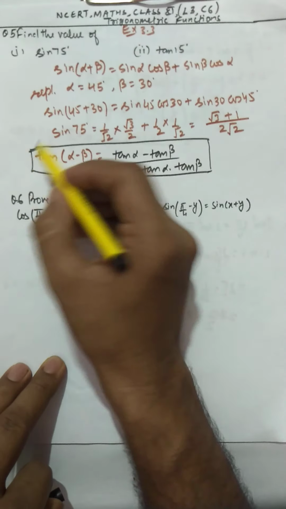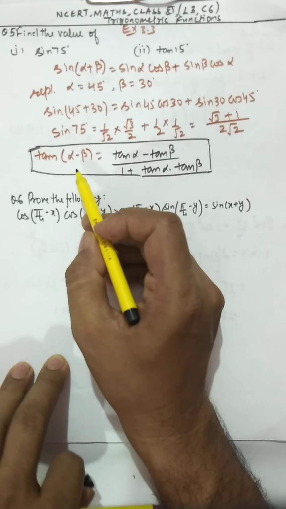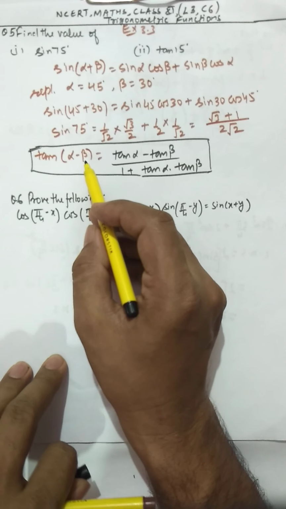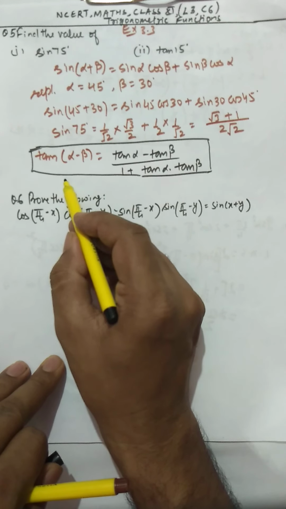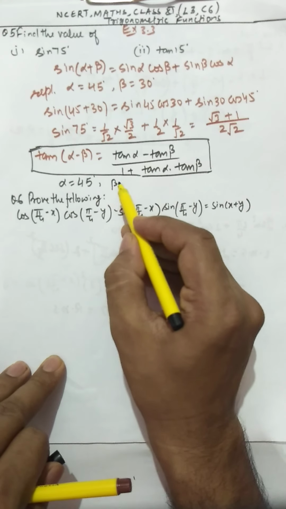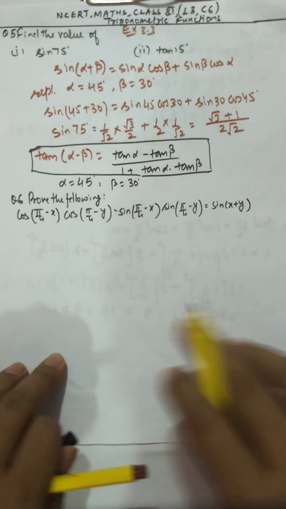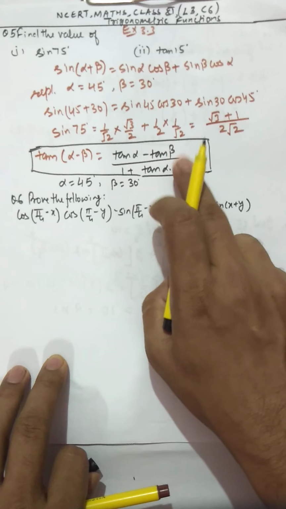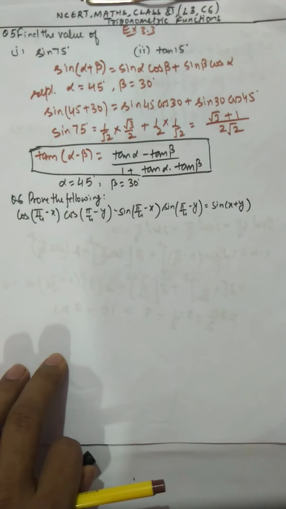Now you have to think which value should be replaced by alpha and which value should be replaced by beta. I'm just going to give you a hint: you replace alpha by 45 degree and beta by 30, because 45 minus 30 is 15, and we will be getting the result. You apply these changes in this formula.